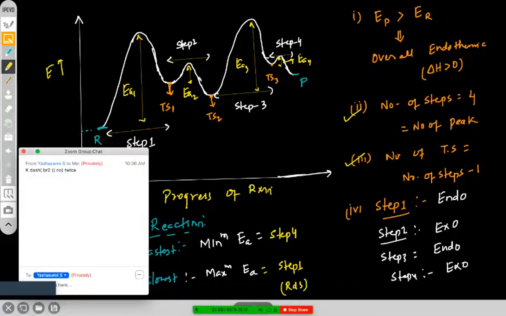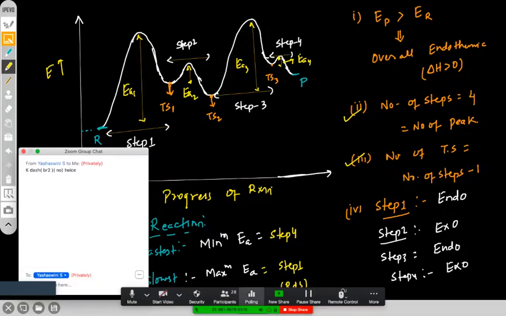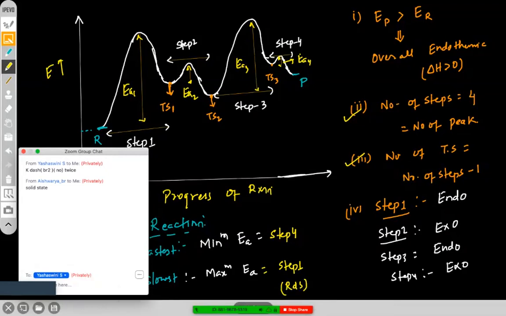Alkyl aryl halide. Solid state. Okay, fine. I got only one response. That is for solid state. We'll start solid state next. We'll finish this in the next class, and then we'll start solid state.